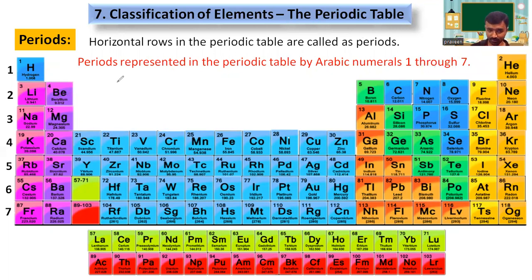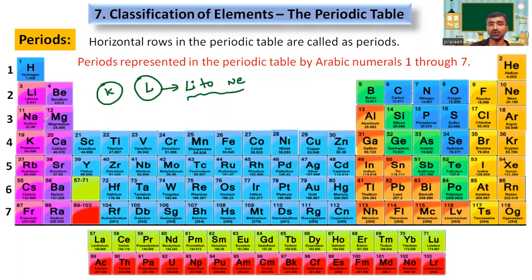So you are able to understand the shells by looking at the modern periodic table. Simply from lithium to neon, how many main shells are there? K and L. So K is the inner shell and L is the outer shell. From lithium to neon, the outermost shell is L shell.